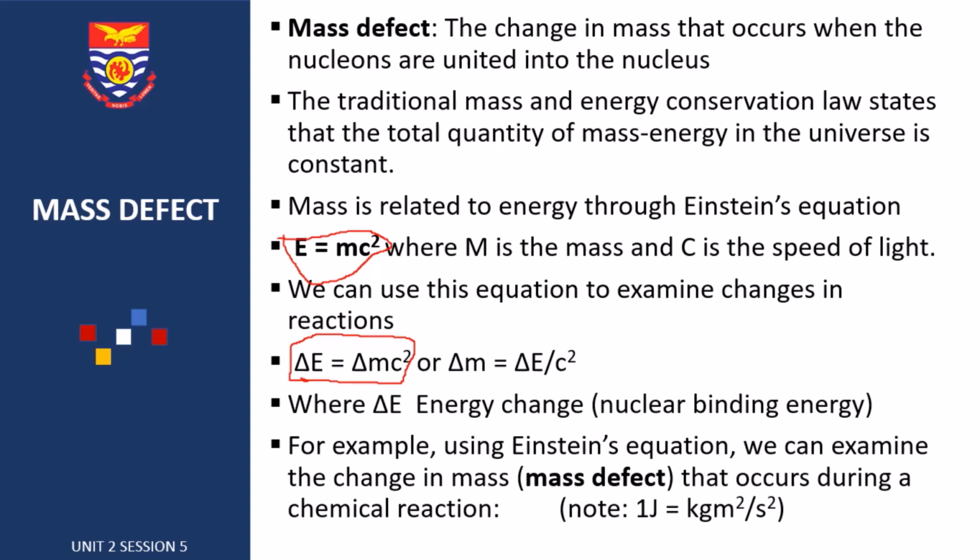You should note that in these kinds of calculations, conversion of units is very important, and 1 joule of energy is equivalent to 1 kilogram meter squared per second squared.